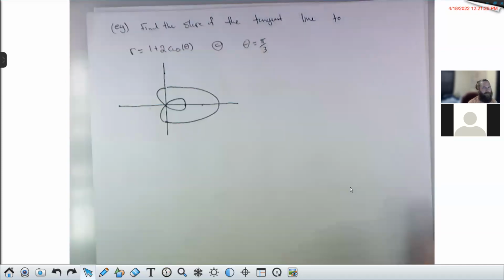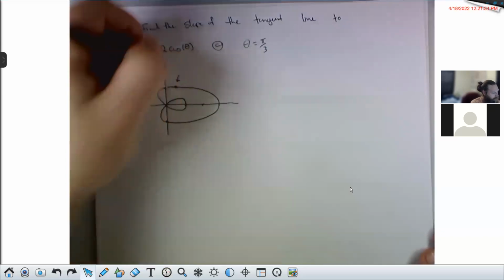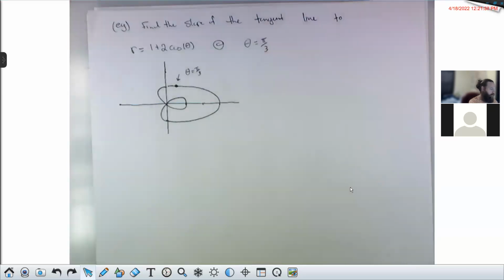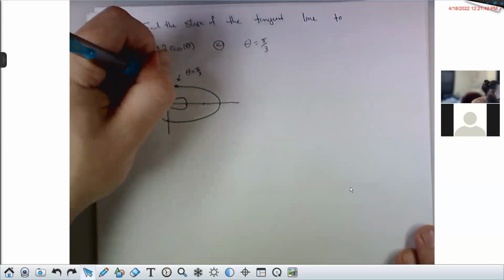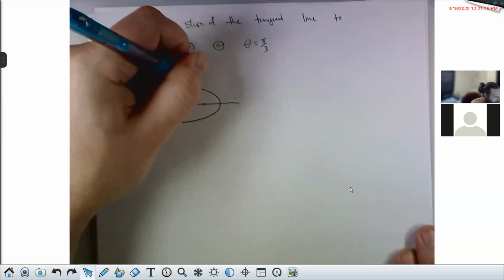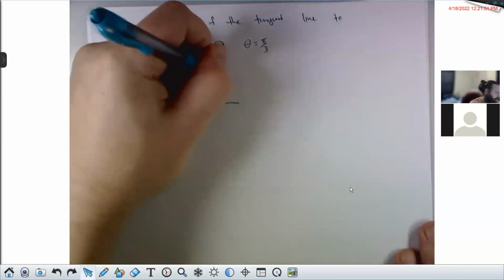This was the limaçon looking like this. And the point where theta is pi over 3 is right here. So I'm looking for the tangent line. As I've drawn it here, it looks like it might be horizontal. It's hard to say exactly what it is. I'll just sketch it like this. We want this tangent slope.